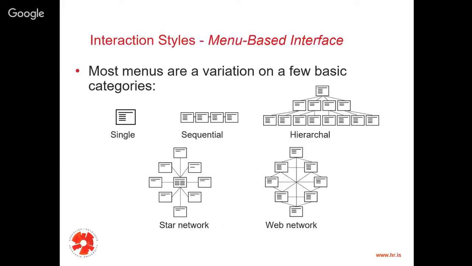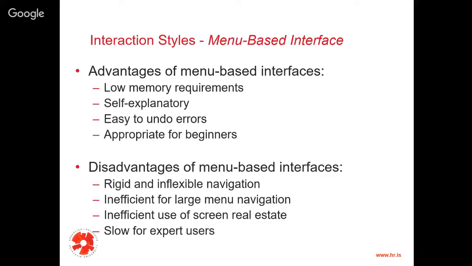And this is hardest for the user to understand, to get a mental model like this. The advantages here are that there are low memory requirements, it is self-explanatory, and it is easy to undo errors for beginners.